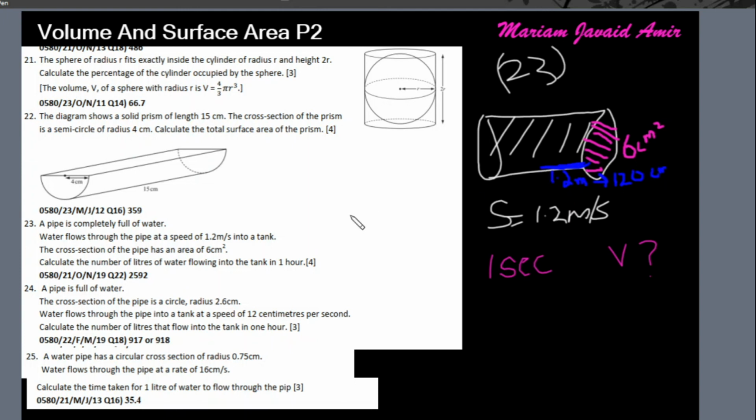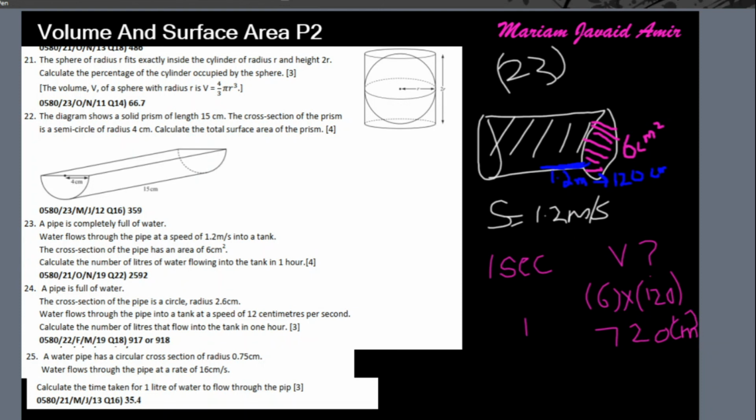Alright, so now the volume for 1 second will be base area times height, which is 6 times 120. So the volume will be 720 centimeter cubed in 1 second.